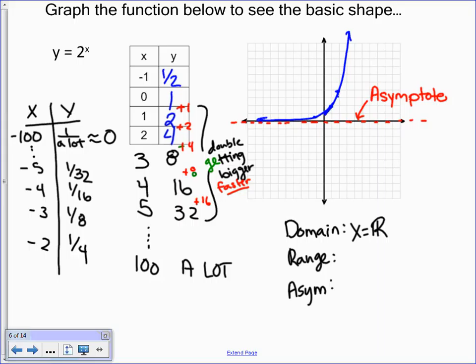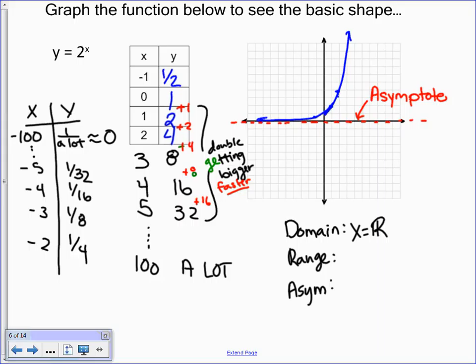Range is not x, range is y. So think about all the y's on the graph. Does your graph show up everywhere up and down? Is there a graph everywhere? Skylar, you're saying, heck no. There's no graph down below the asymptote, right?